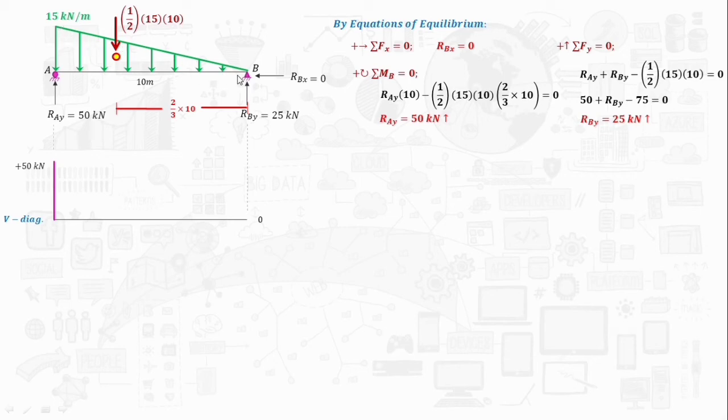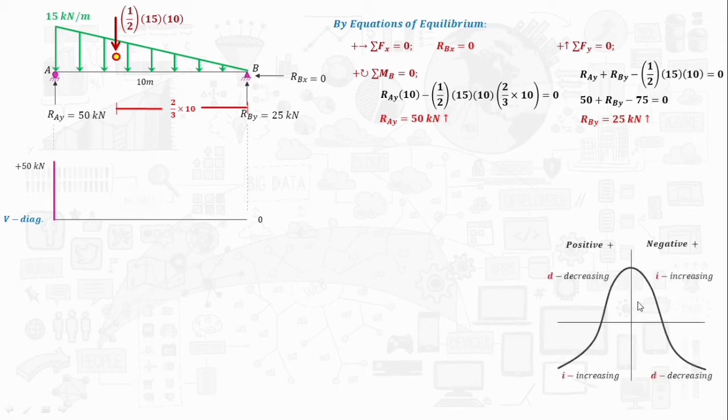And, meron tayong downward force na non-uniformly distributed load from 15 kilonewton to 0. So, ibig sabihin, positive or negative? Negative kasi downward yung force. Increasing or decreasing? Decreasing. Tama? So, dun sa diagram natin, ito, negative, decreasing.